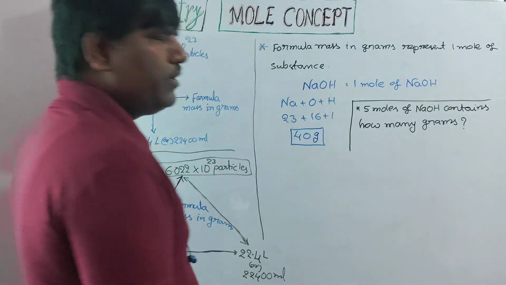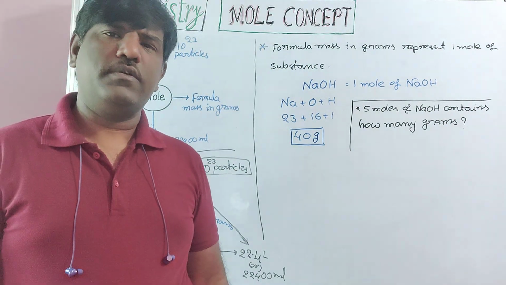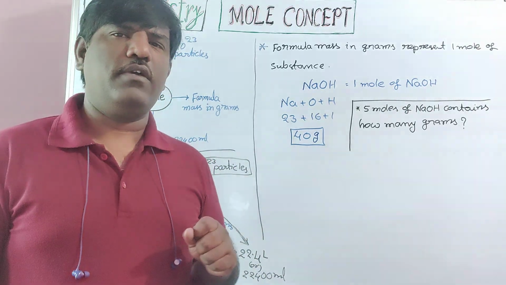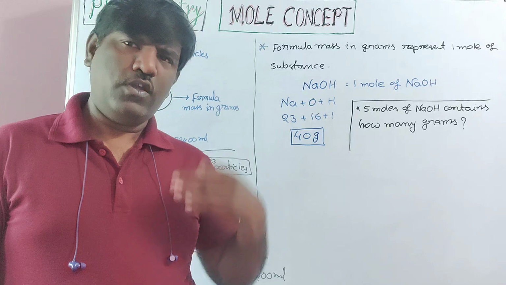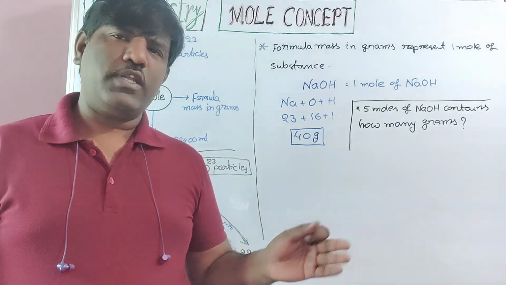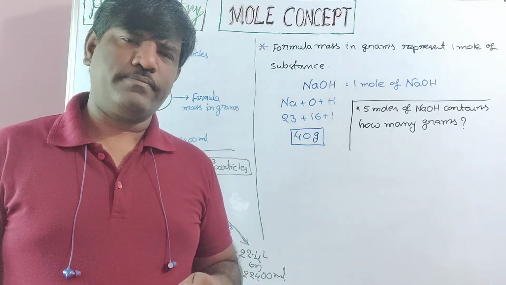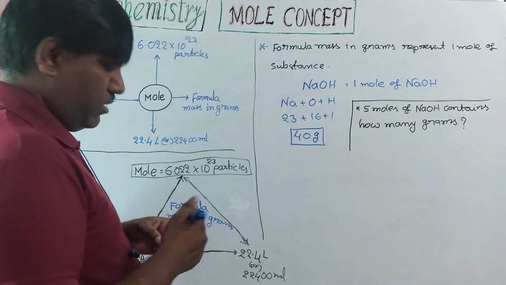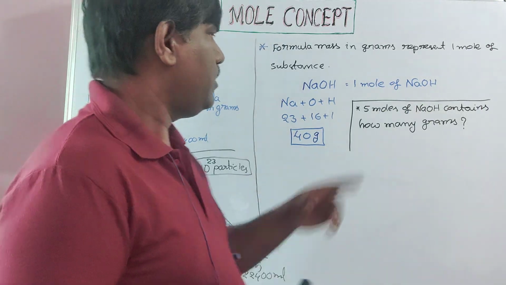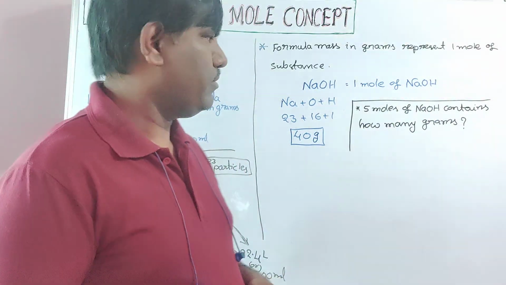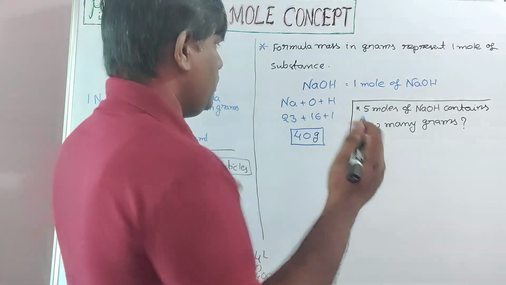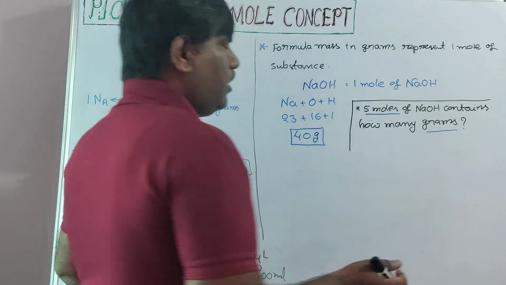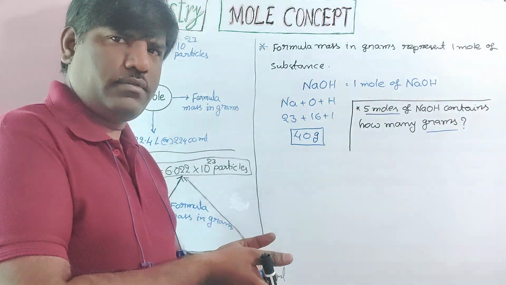Now it is easy to calculate. Whatever question they ask in the mole concept, you should first know the value for 1 mole in your mind. Here they asked mole to grams, how many moles, how many grams.